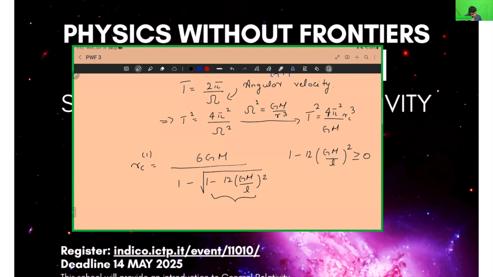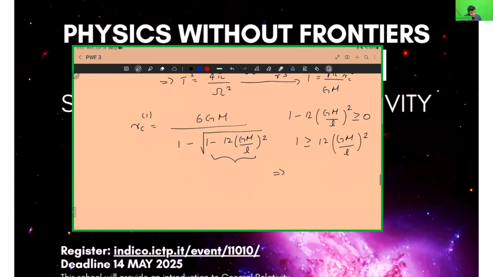It means that 1 should be bigger than or equal to 12 GM over L whole squared, which means that angular momentum L should be bigger than the square root of 12 GM.